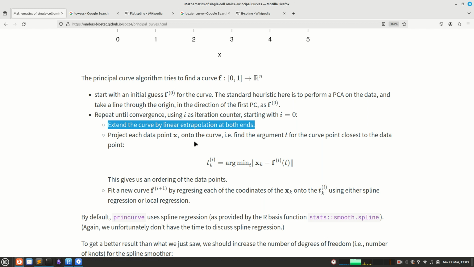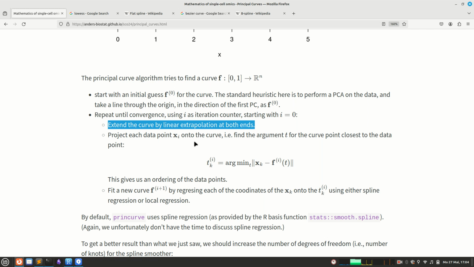So, where are my points? Let's say I have this curve, and for reasons which will become apparent in a moment, I have to extend it and make it a bit longer on both sides by just extending the last bit. And then I have my data. Let's say the data looks like this. I project each point onto the curve. So for each point, I find the closest point on the curve.